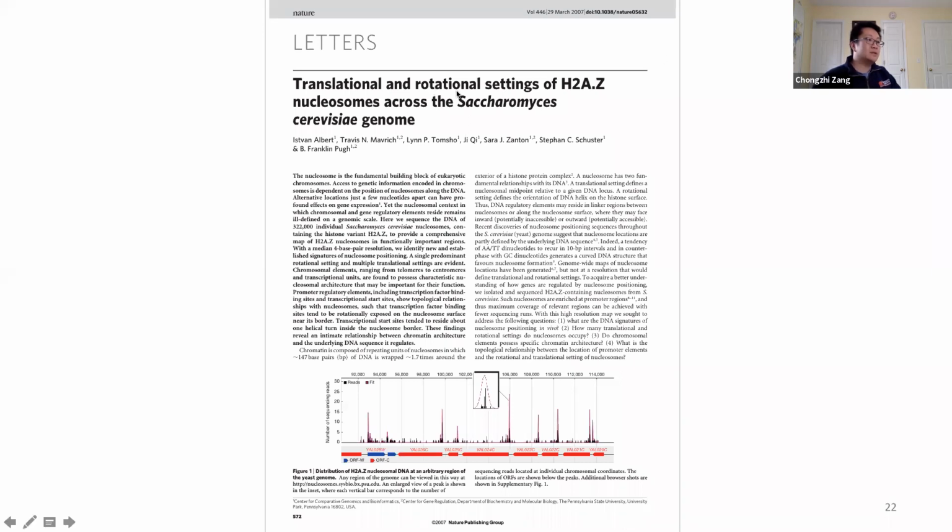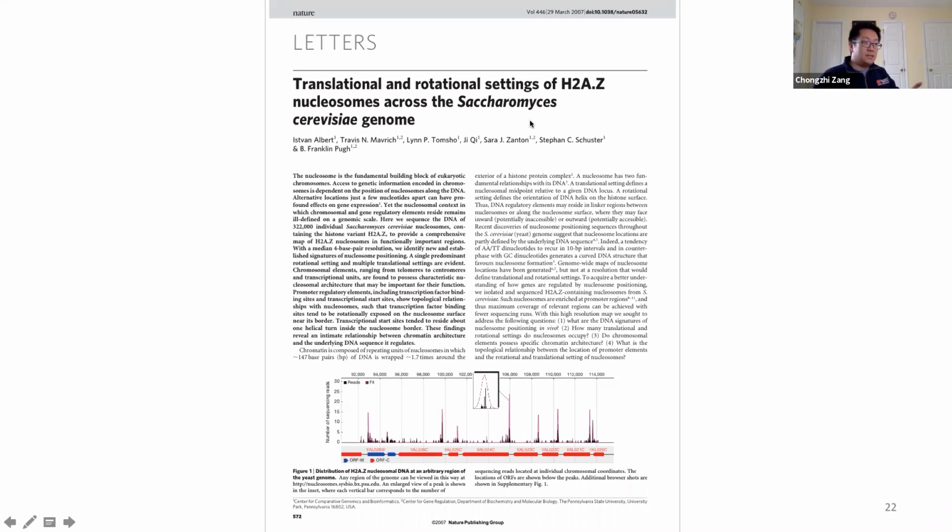This was a work published in Nature, two months earlier in 2007, led by Frank Pugh's group at Penn State. They used sequencing technology to sequence a lot of nucleosomes that contain the histone variant H2A.Z in the yeast genome.